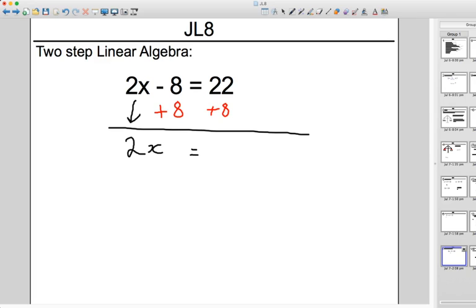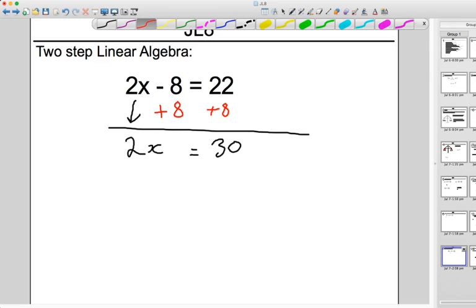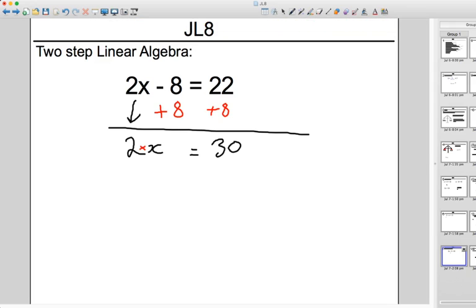22 plus 8, 30. Now, I need to get x on its own. How do I get x on its own? Well, this is 2 times x. I need to divide by 2. Divide by 2.